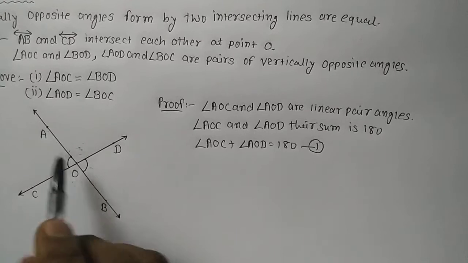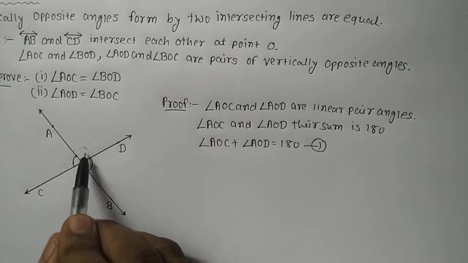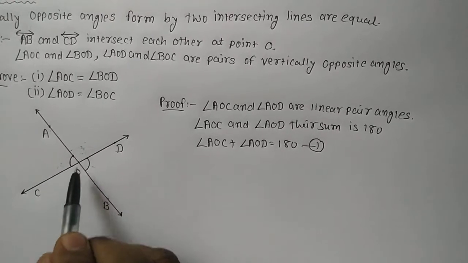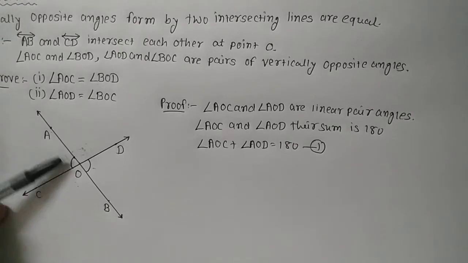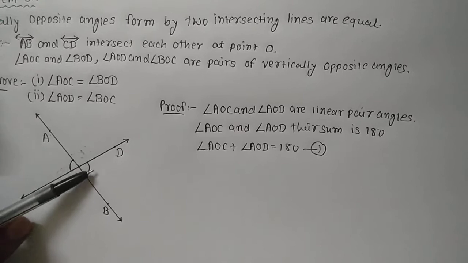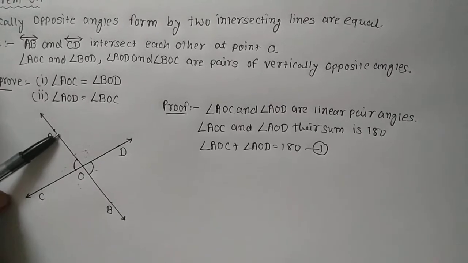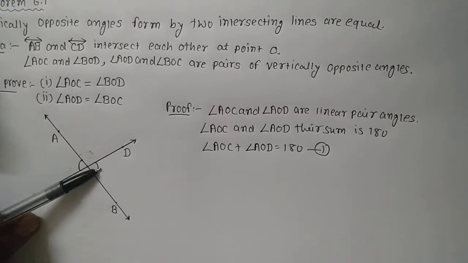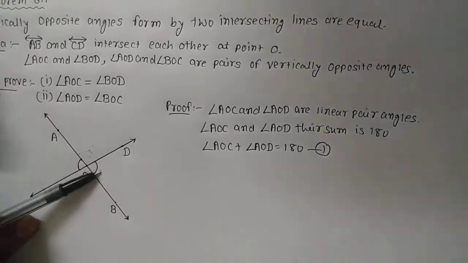Now I will take this angle AOD as common in both the cases. If we focus on the figure over here, that angle BOD and angle AOD, this angle and this angle, are also forming a linear pair.